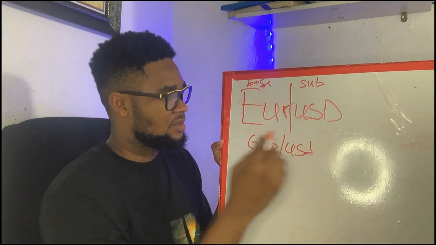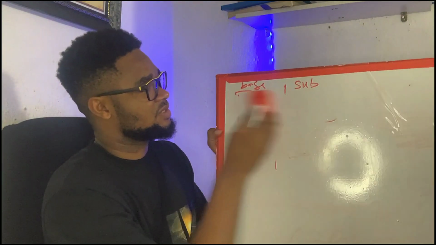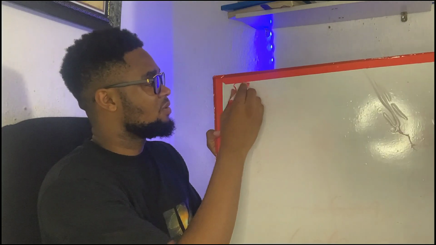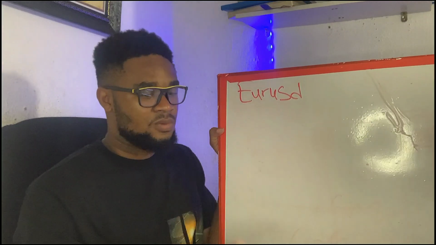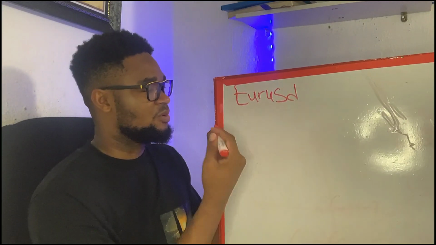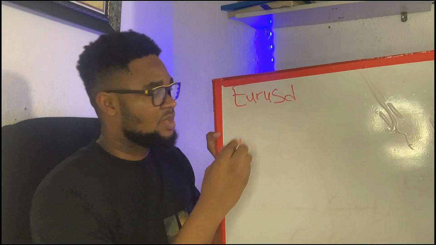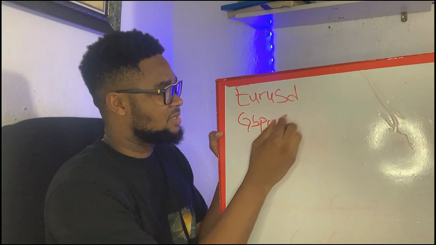There are 7 of them in number. We have the EUR/USD. When you get used to them, you don't need to memorize them. When you keep on using them, you get used to them. We have the GBP/USD.